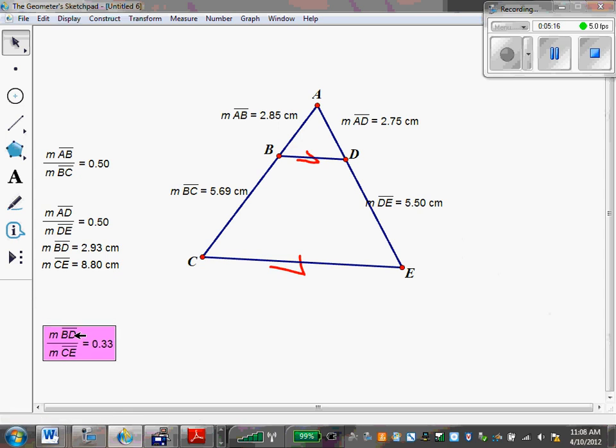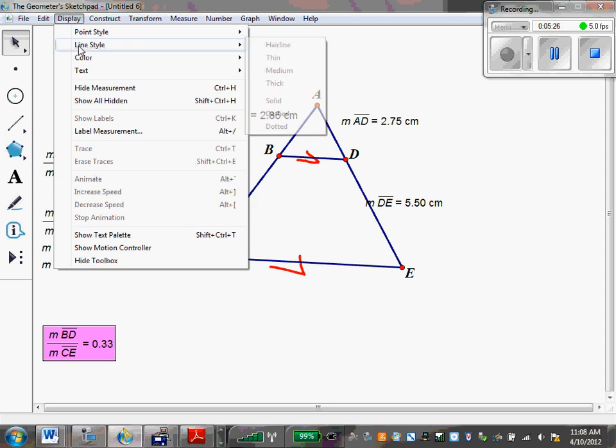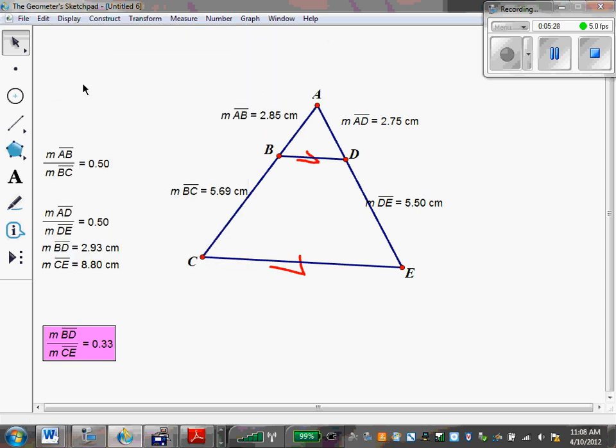Now, if we had looked at the full sides, if we would take AB divided by AC, and I'll erase that measurement, they would be in the ratio of 1 to 3. Let me see if I can get that to pull back up.